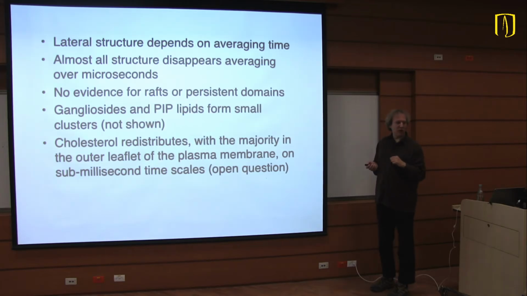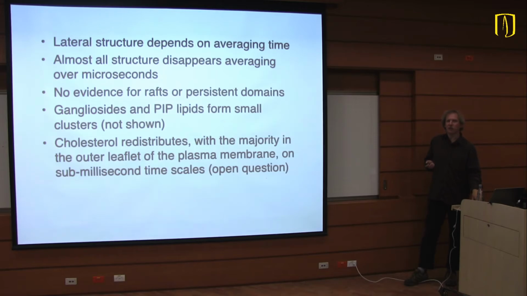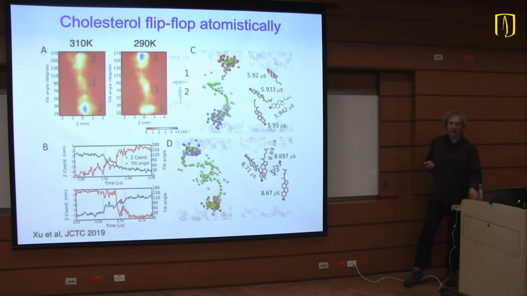So some experiments show that cholesterol is highly enriched in the outer leaflet. And there was one controversial paper that says 92% of the cholesterol is on the outside, 8% on the inside. There are other experiments that say it's upside down: there's more cholesterol on the inside than on the outside. So this is a question that continues to be debated. You can look at this by atomistic simulations as well.